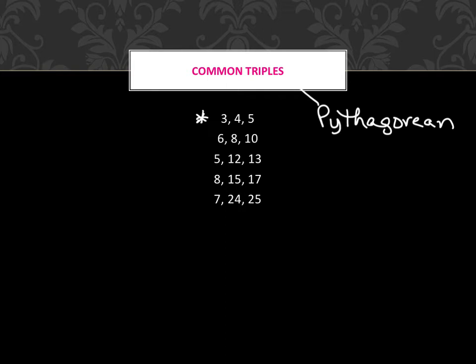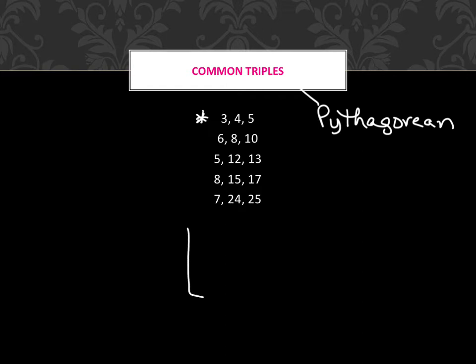So once you know the basic Pythagorean triples, you can scale them up or scale them down by multiplying each one of the numbers by 2 or 3 to get a larger triangle. Now, when you are assigning these numbers, remember the largest number is always the hypotenuse.